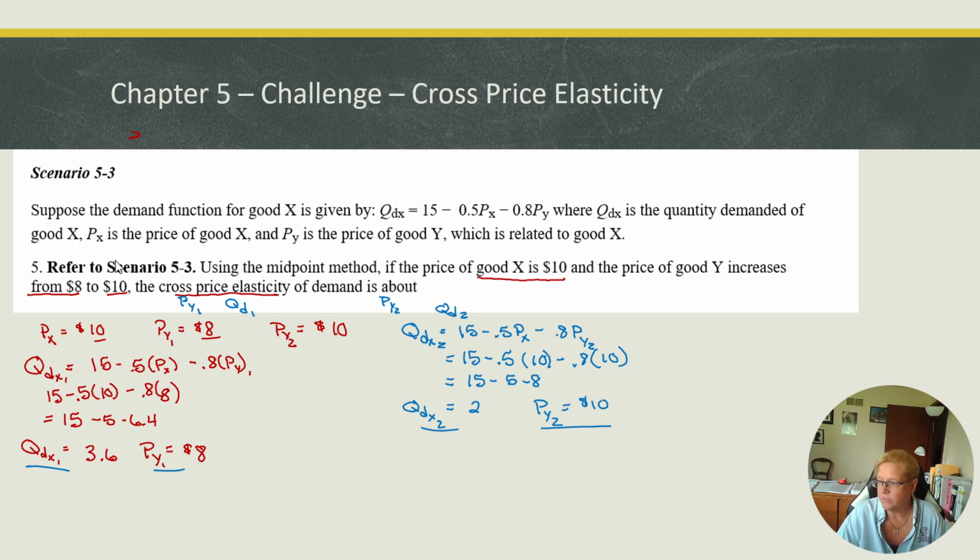It's the quantity of X2 minus the quantity of X1, over the quantity of X1 plus the quantity of X2 divided by 2.